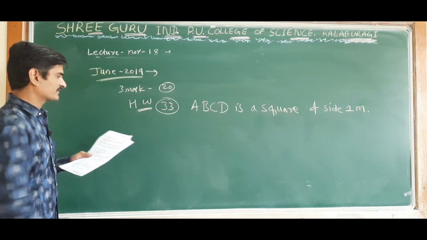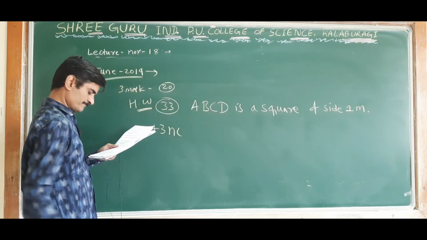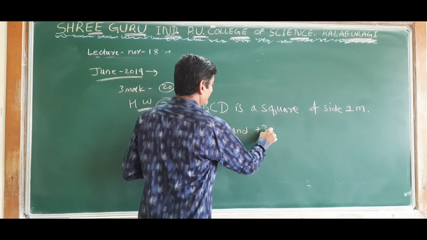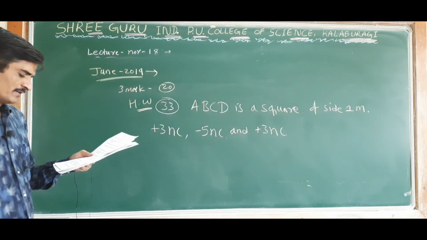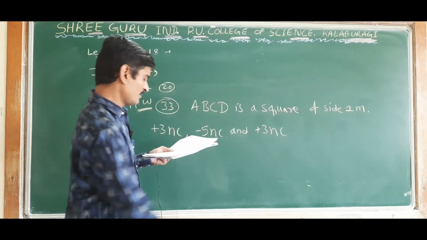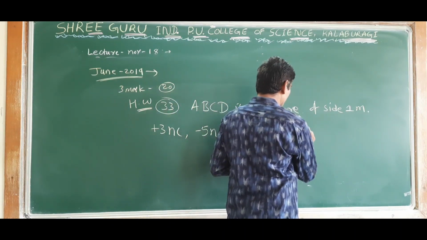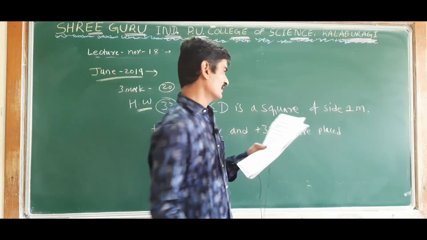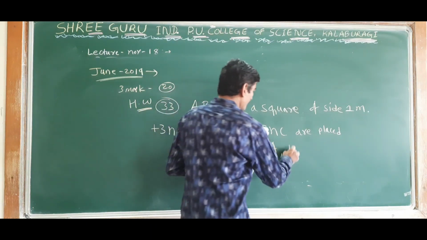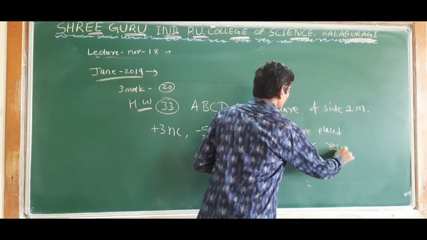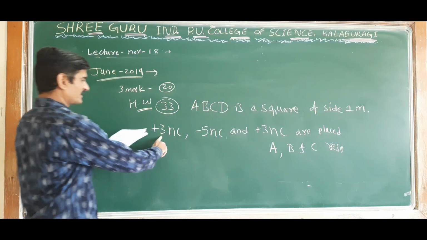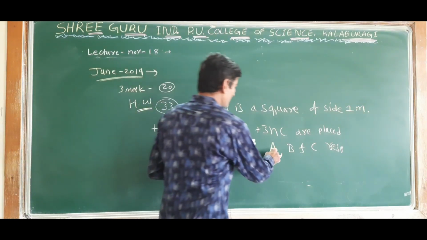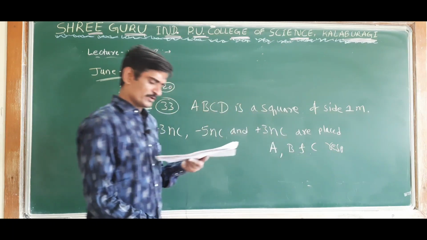Charges of plus 3 nanocoulomb, minus 5 nanocoulomb and plus 3 nanocoulomb are placed at the corners A, B and C respectively.